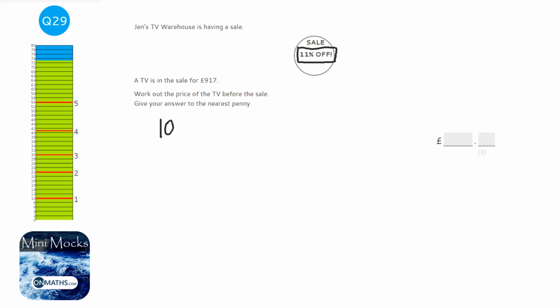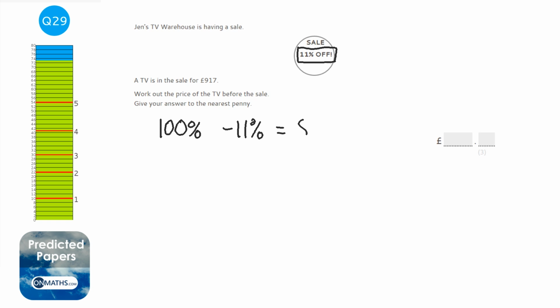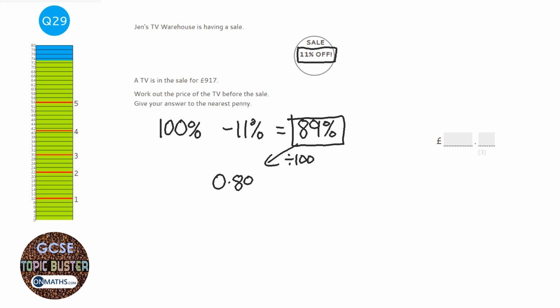We always start off with 100%, always. And 11% off would have taken away 11% from that. So that's going to leave us with 89%. Now 89% is not a multiplier yet. All you need to do is divide it by 100 to make it a decimal. So in your calculator or in your head, divide it by 100 and you get 0.89.